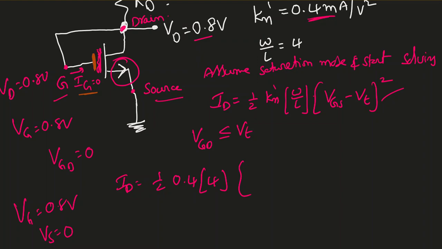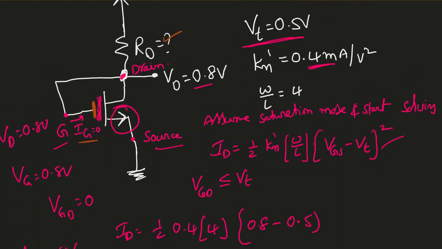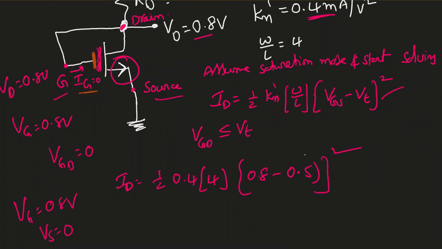So this is 0.8 minus VT, given as 0.5, whole square. Once you solve for this, I end up with ID equal to 0.072 milliampere. That is the drain current.